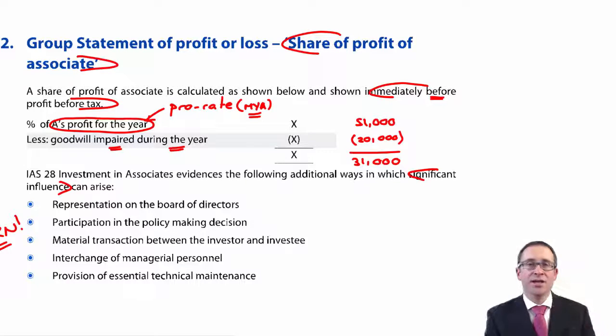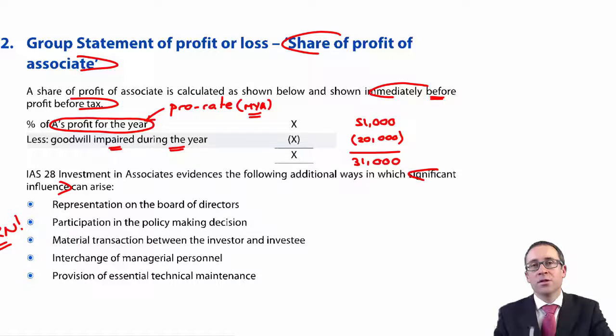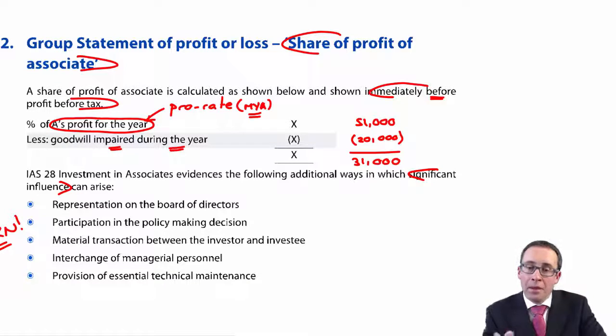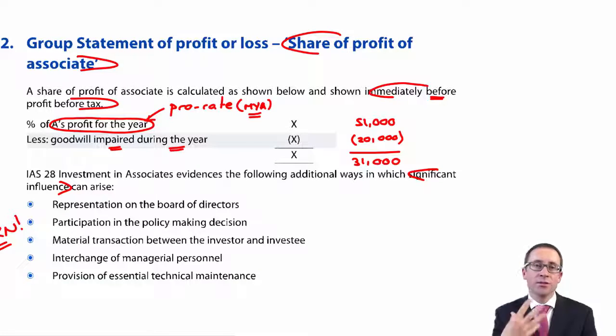They can give the ideas, they can influence what's going on, but they cannot control, because there are more directors than what you actually have. Maybe you have 1 out of 3 or 1 out of 4, I don't know, 2 out of 5. And that might help you influence the decisions. If you can participate in the policy making decisions, which presumably you could if you have representation on the board, then again, that dictates that there is influence.